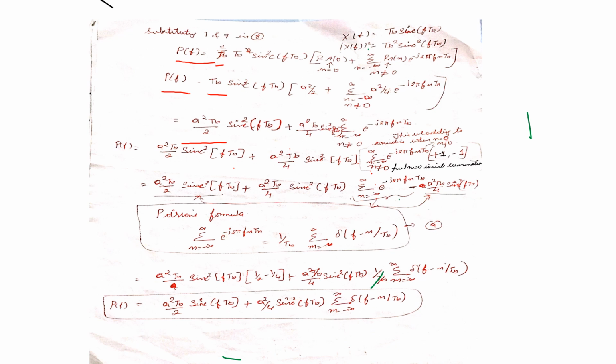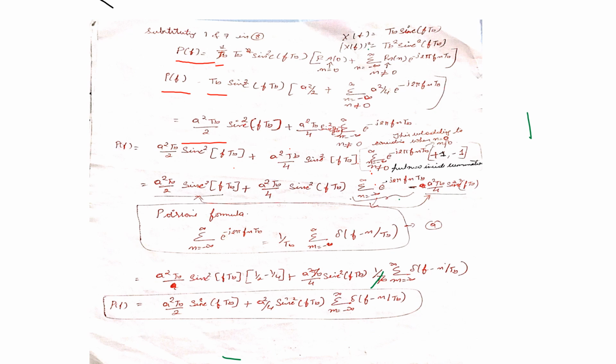Now, when n is equal to 0, I have to substitute. We can take it by adding plus 1 and minus 1 here.